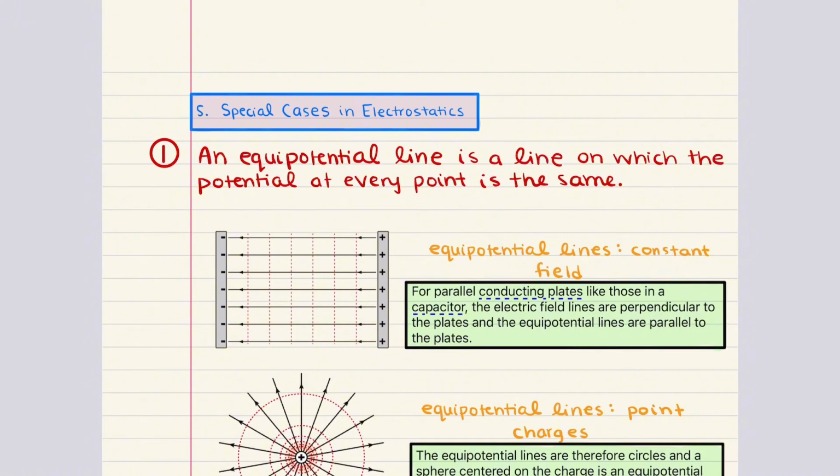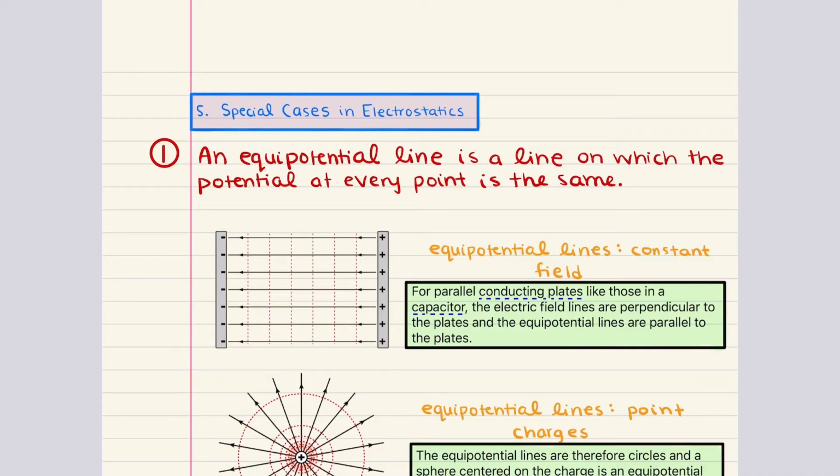A key concept to understand here is the idea of equipotential lines. An equipotential line is a line on which the electric potential at every point is the same. These lines give us valuable insight into how electric potential behaves in different regions of space.